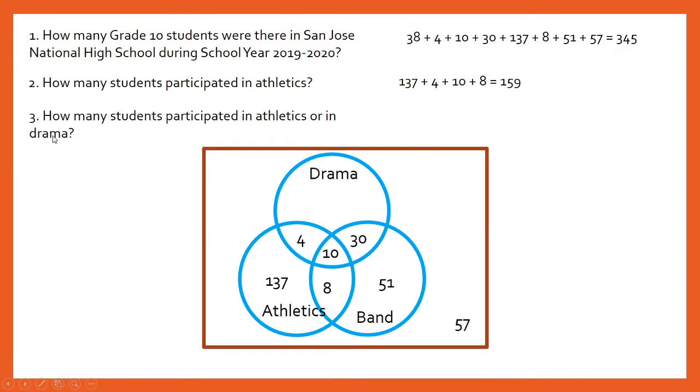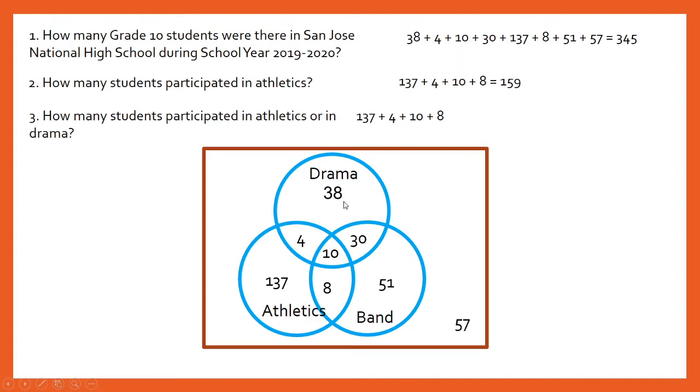Next, how many students participated in athletics or in drama? We already had the number of students who participated in athletics, so we will just add them plus the students who participated in drama.